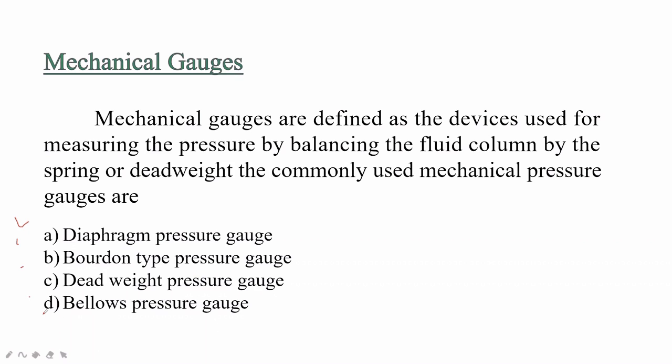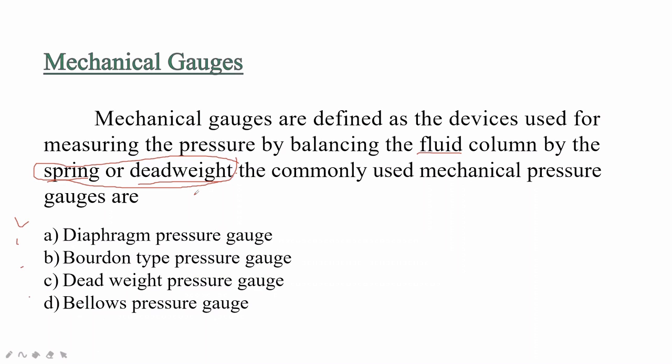Mechanical gauges are also defined as devices used for measuring pressure, and manometers are also devices used for measuring pressure. These are also by balancing the fluid column, but here the fluid column is balanced by what? Spring or dead weight. Keep this in mind: if the gauge is balanced by a spring or dead weight, it is a mechanical gauge.